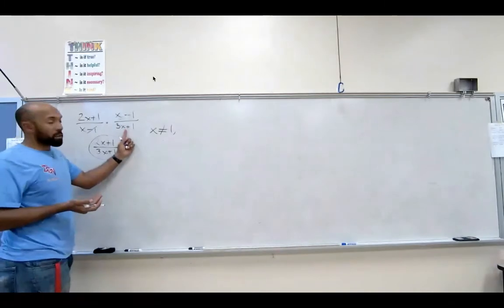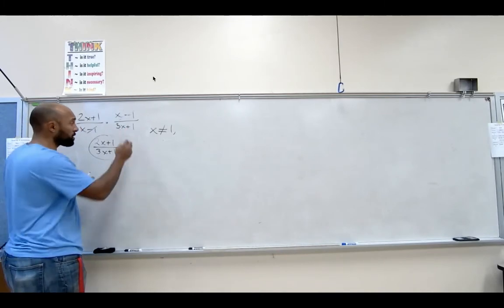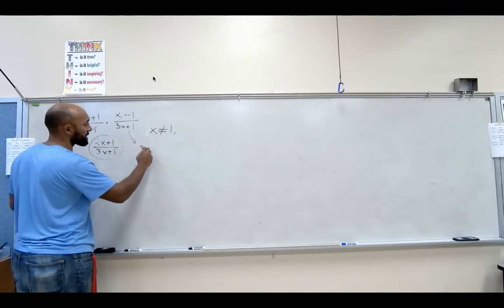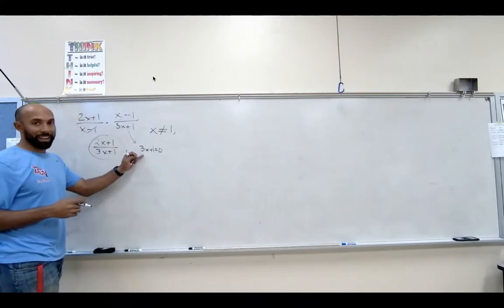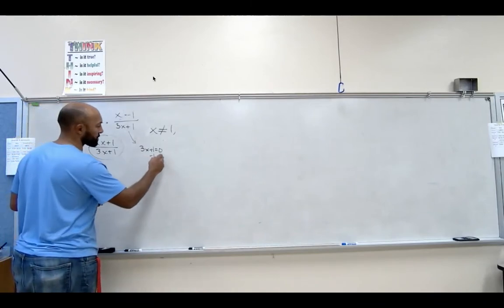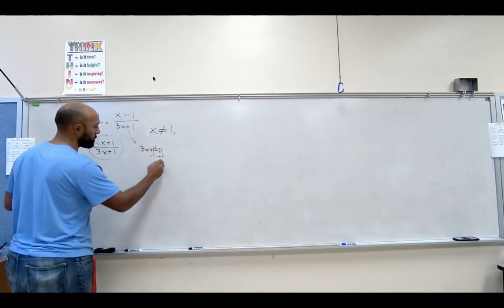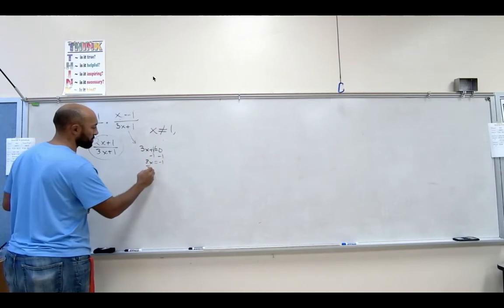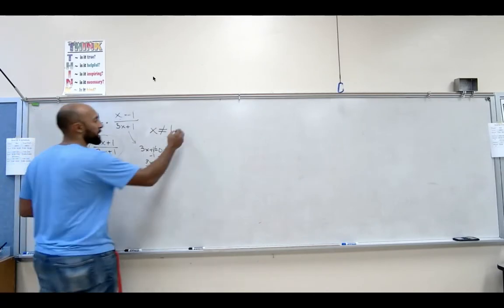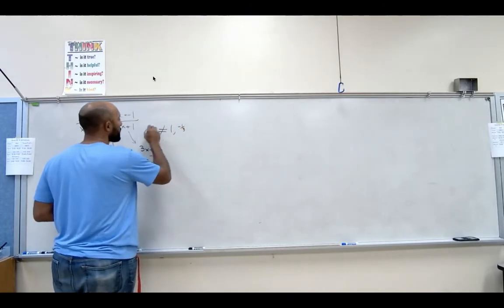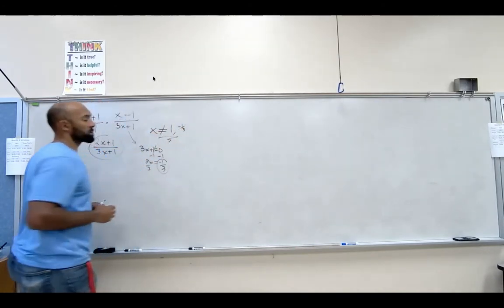Now, that might not be as obvious because of that 3 in front, so if you have a number in front of the x, set that equal to 0 and then solve for x. So minus 1, divide by 3, and right there is the excluded value, negative 1 over 3. So those are your excluded values, those two there.